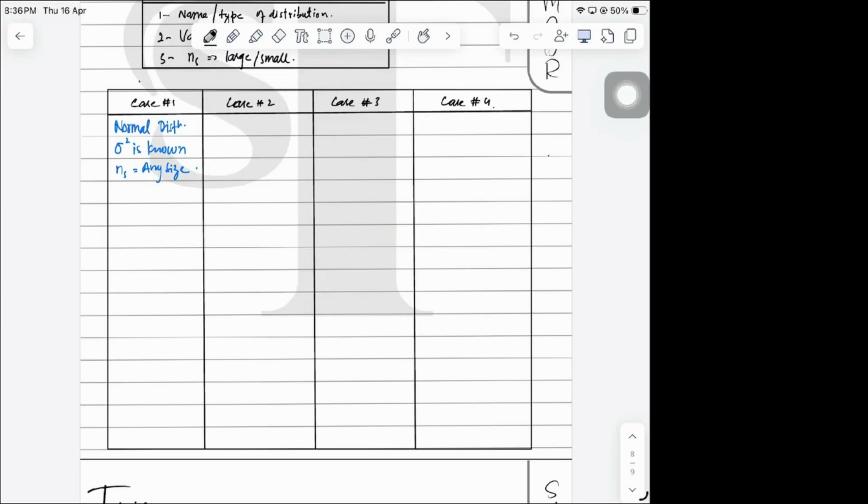So at that time, what will happen? In this case, the central limit theorem is not applied, and X follows a normal distribution with mean mu and variance sigma square.